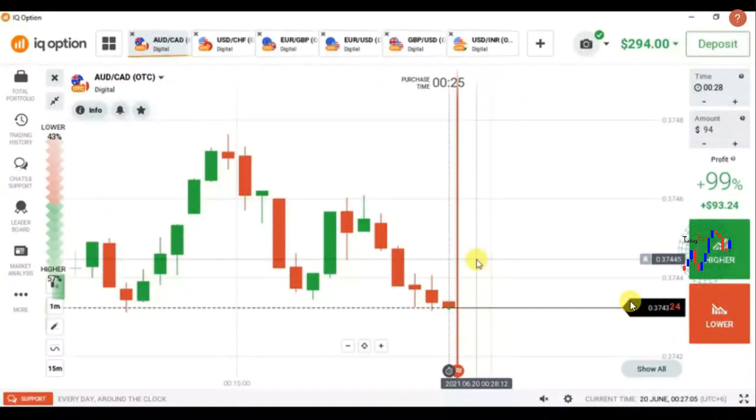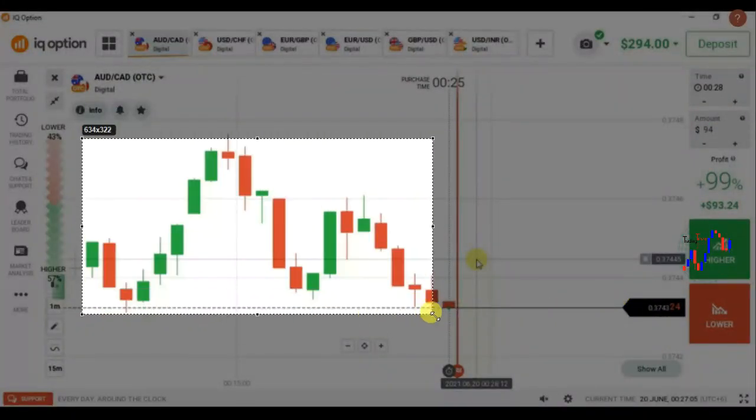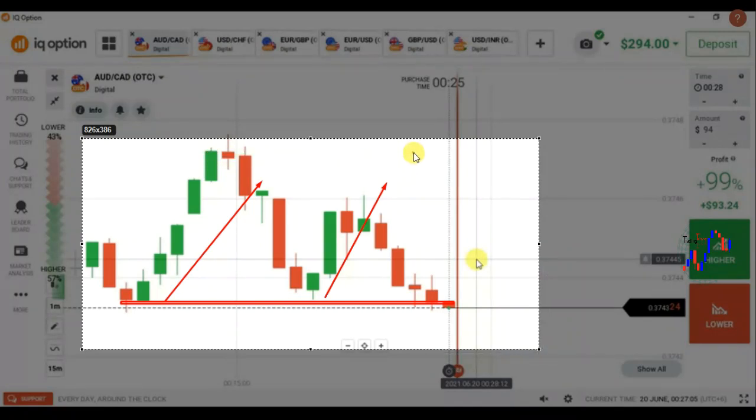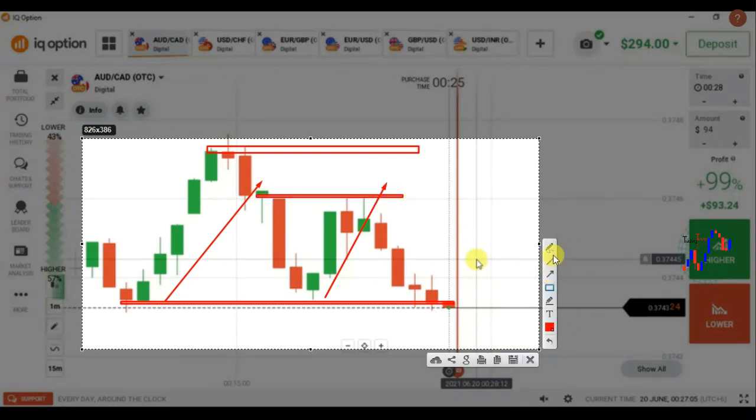Okay, what do you think about this market? This is a buyer's entry level, so you know already. From here we can see strong buyers, again buyers. This time the market didn't reach these levels completely, just touched these levels and got rejected.